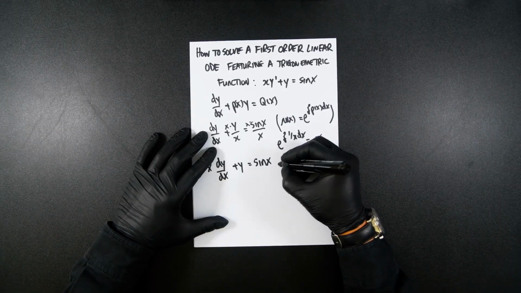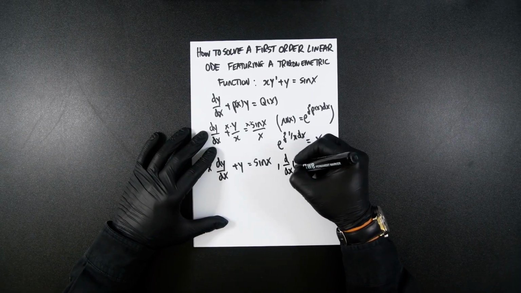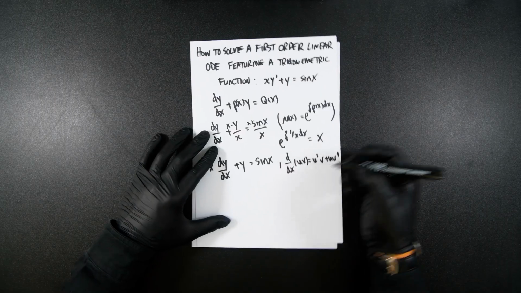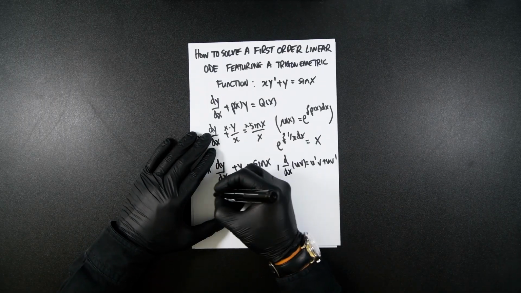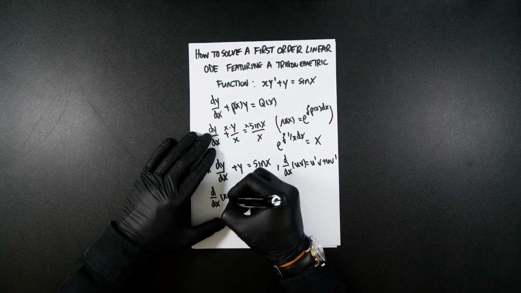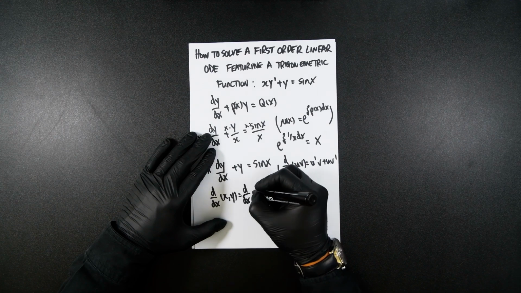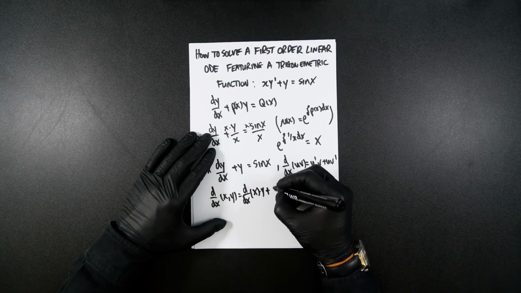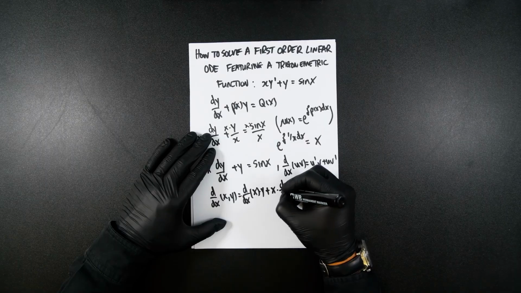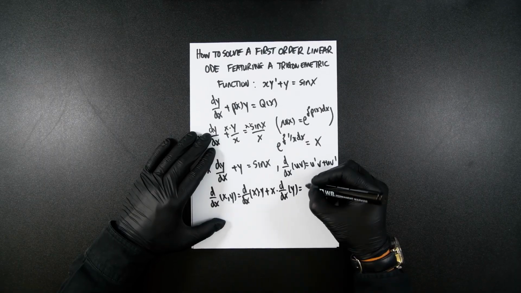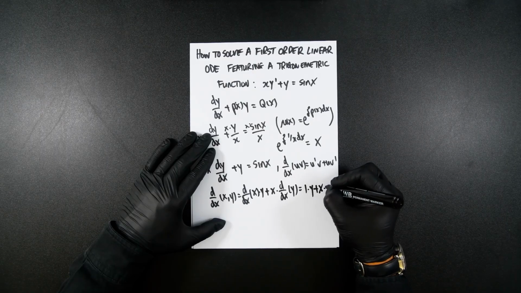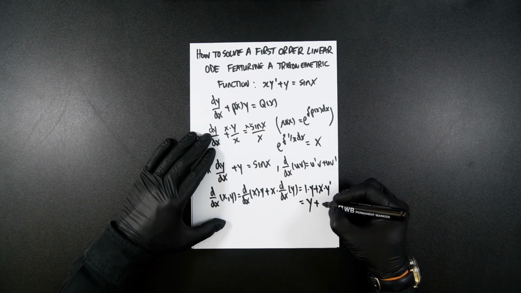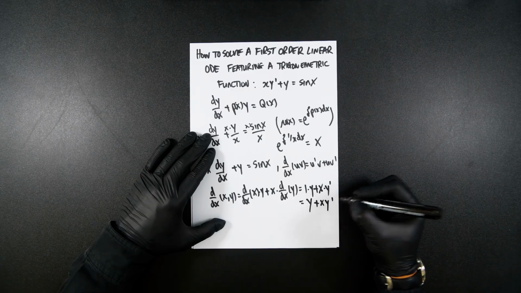Because if we know that d/dx of uv equals u'v plus uv', we know that d/dx of xy equals (d/dx x) times y plus x times (d/dx y), which is the same as 1 times y plus x times y', which equals y plus xy'.